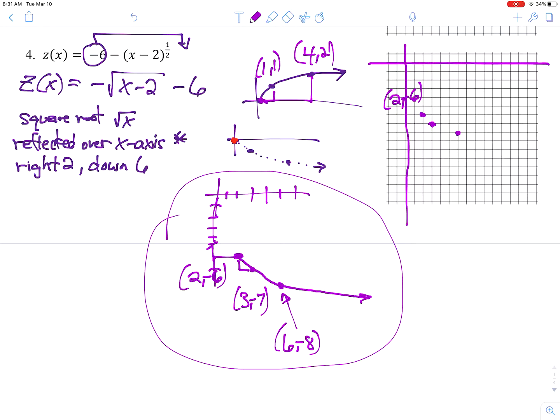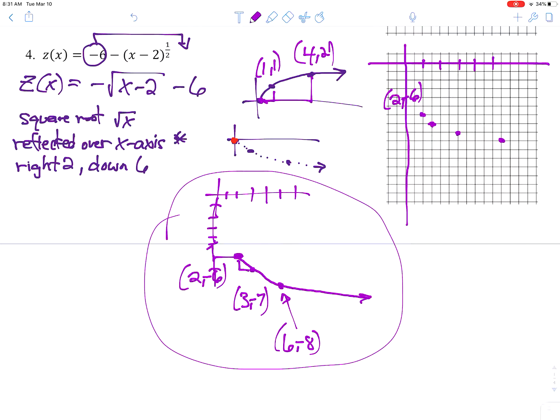And then if I wanted to, I know that I go 9 over and then 3 down. Square root of 9 is 3. So I'm going to add 9 to the 2 and subtract 3 from the 6. So that should be 11, negative 9, my last point I'm going to put in there. 2, 4, 6, 8, 10, 11, and down 9.